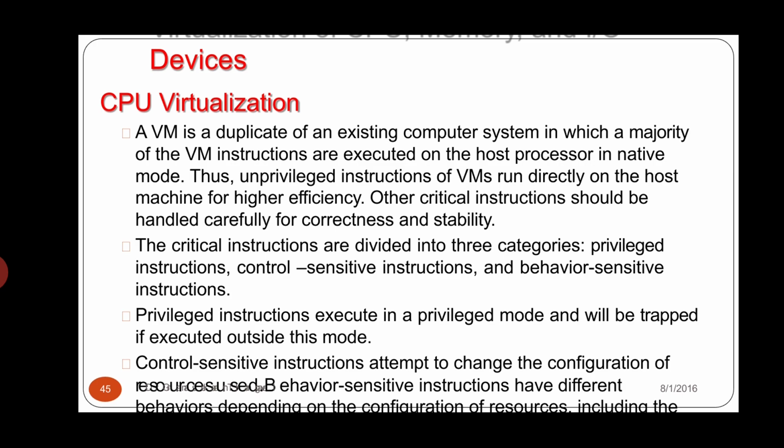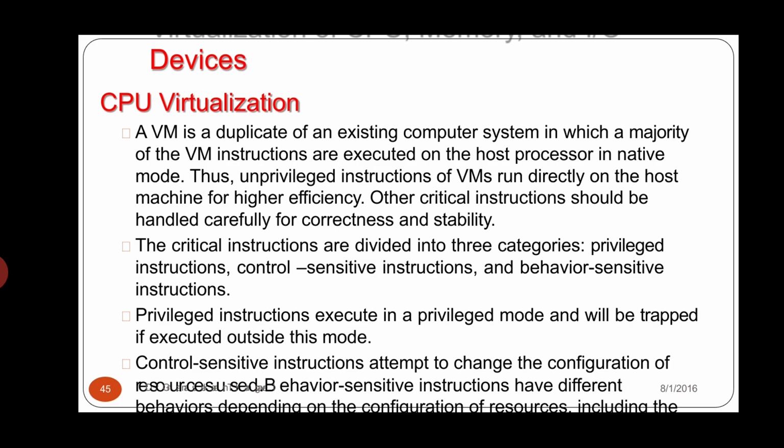All processors have at least two modes. The first mode is user mode, and the next one is supervisor mode, to ensure controlled access of critical hardware. We have to control access to critical hardware.